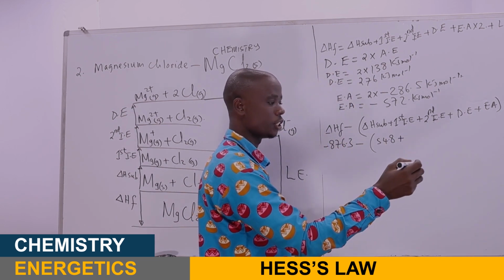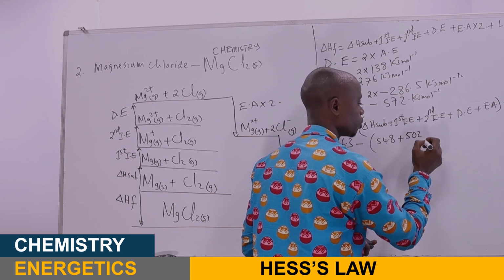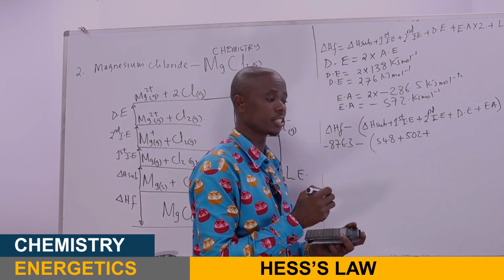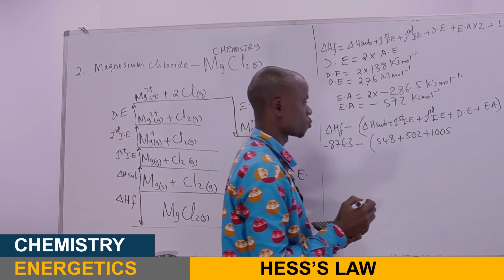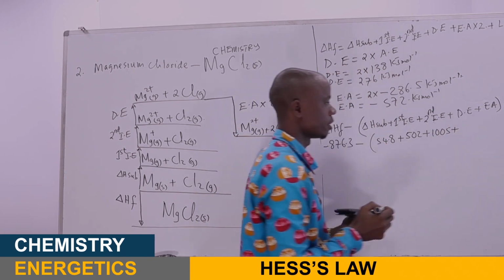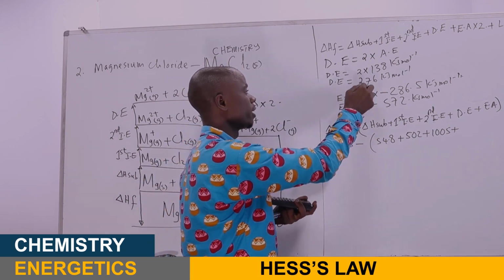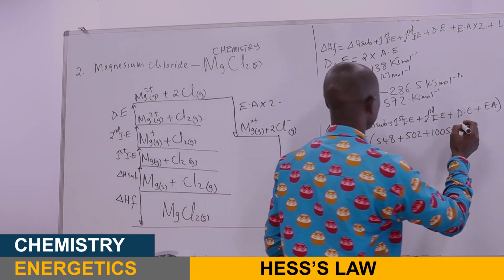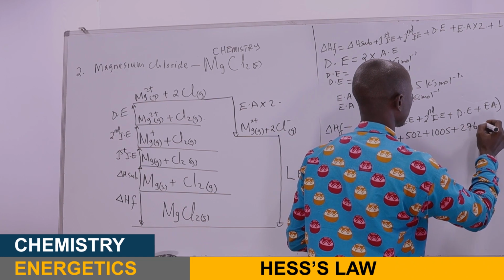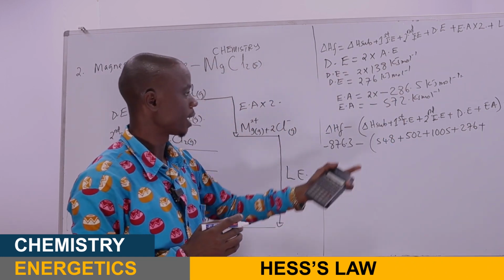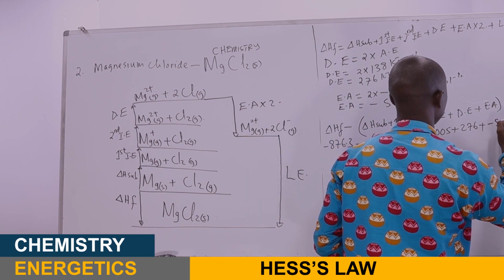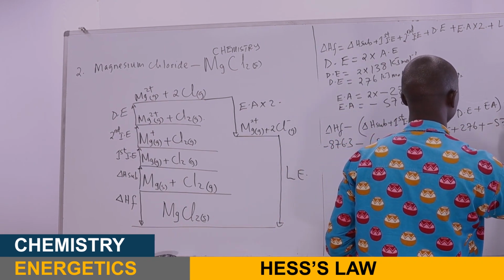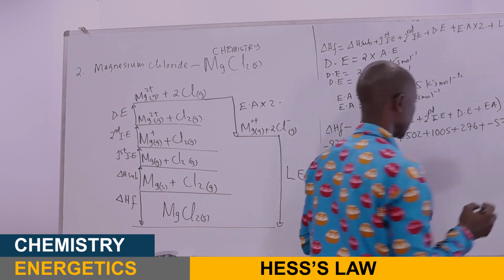First ionization energy, 502, plus second ionization energy, 1005 kilojoules per mole, plus dissociation energy, you have already calculated here, it is 276, plus electron affinity, which you have already calculated here, is negative 572 kilojoules per mole, is equal to lattice energy.